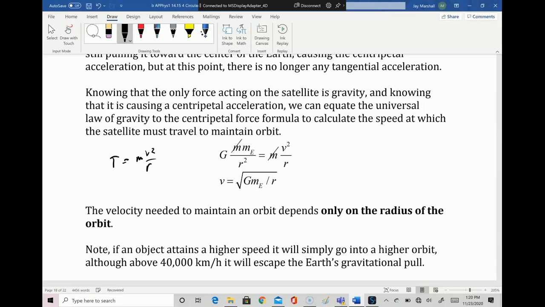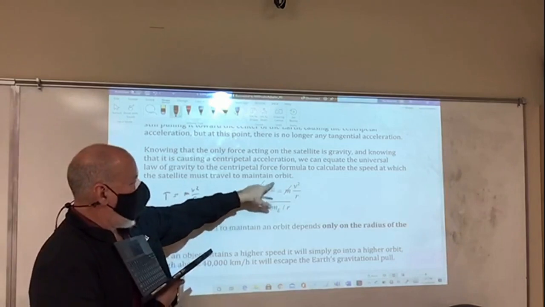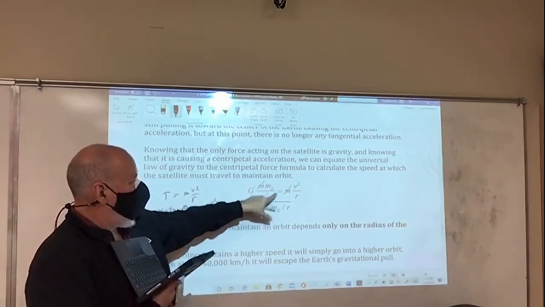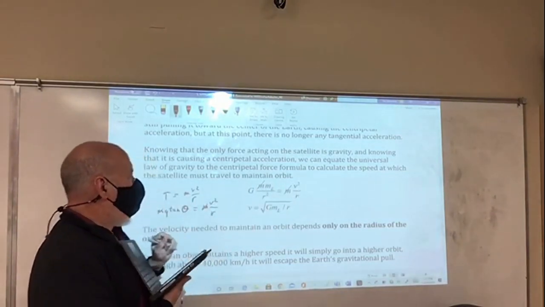Or we've said that in the banking formula, mg tangent of theta equals mv squared over r, right? So the m's cancel out there. So in all of these circumstances, we can equate the force that's causing the centripetal acceleration. In this case, it's the force due to gravity that's causing the centripetal acceleration, right? We can equate this force to the centripetal force formula.